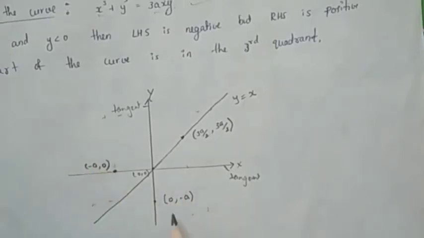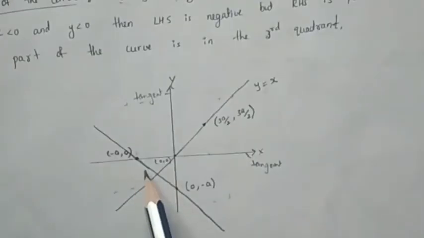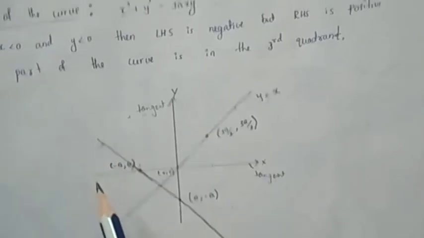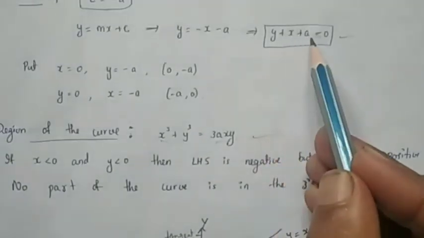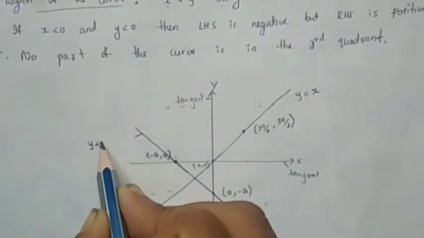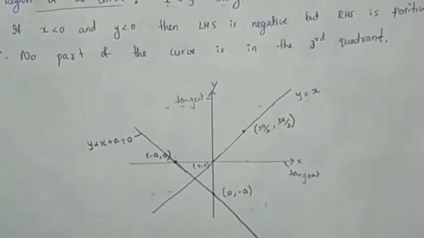Then you join these 2 points, you get a straight line. This straight line is the asymptote. This line is y plus x plus a is equal to 0, which is the asymptote.